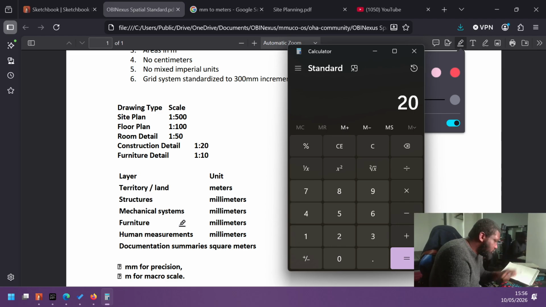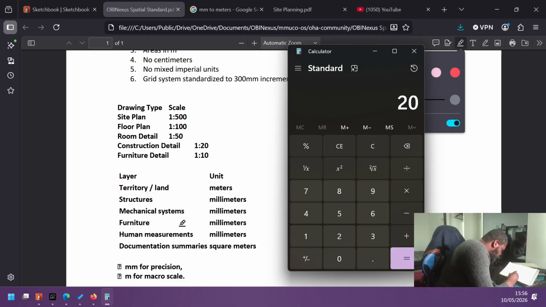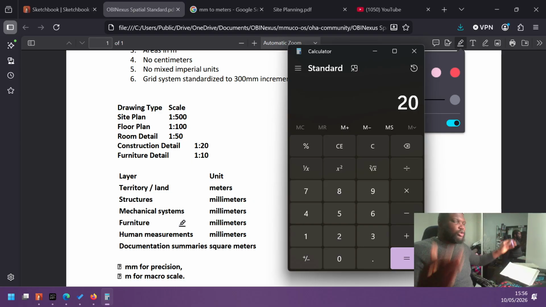The long one is like 5 by 5 meters square. 5 meters squared. So this is a door, 5 meters squared, and that's the area of the door.